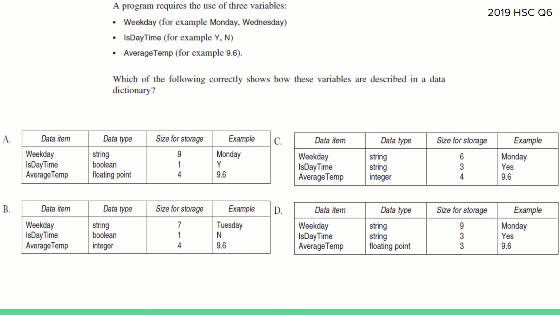Or a boolean. Basically that means they're out, because it's got a string of 3, and it says yes and not y. Okay? So they're gone. The average temperature, we want it so it's 9.6. So average temperature, integer, no. It's A.